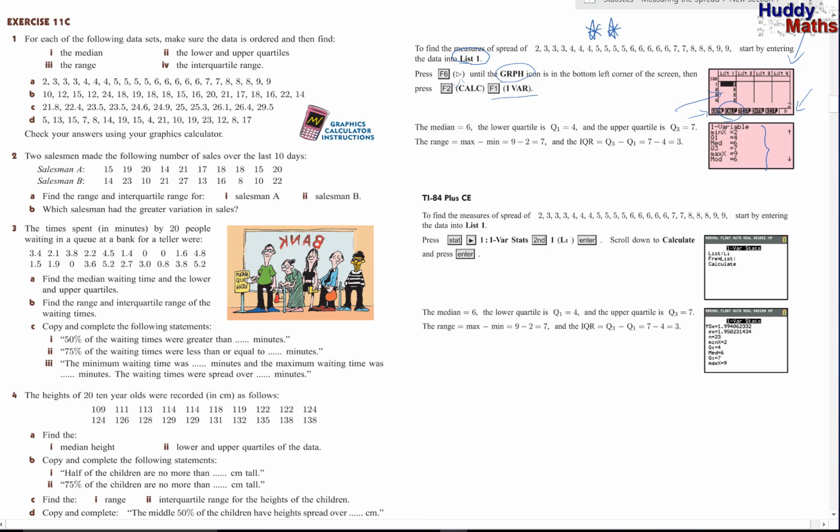There are no frequency tables here, so you don't have to worry about entering the frequency in list 2. Remember that that is important if you have a group data set or a frequency table. So here we have it, and we can go down and see that there's the median and Q1 and Q3 are all listed there.